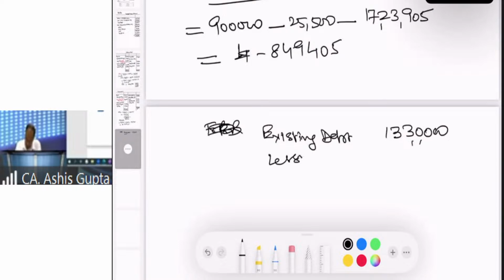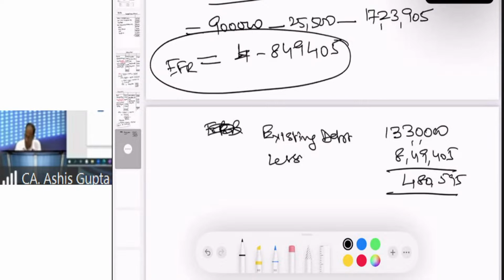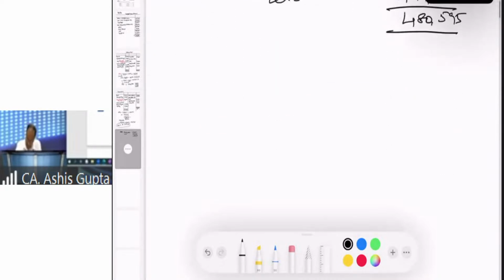Not EFR, this is the debt, EFR is here, sorry. So our new value of debt is 4,80,000. So we can compute EFR by using this; the main purpose here is letting you know. Now, student, let us discuss scenario 3.